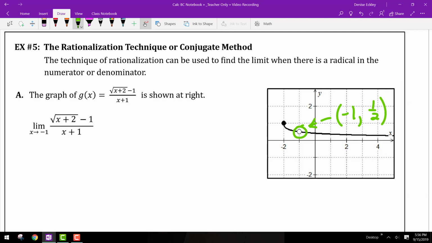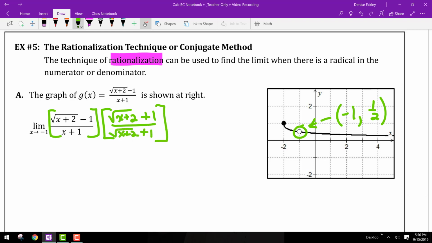As it says above, we are going to rationalize. By doing that, our limit is going to look like this. We're going to take this part of the limit and multiply it by the conjugate, which will be the square root of x plus 2 plus 1 over the square root of x plus 2 plus 1.